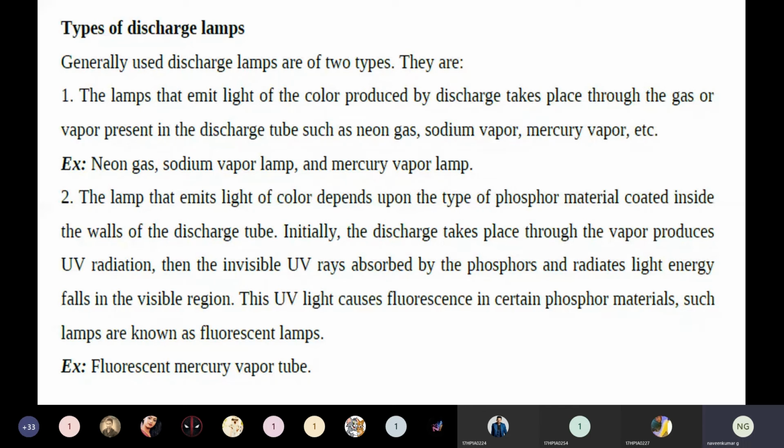Initially the discharge takes place through the vapor, producing ultraviolet radiation, then the UV rays are absorbed by the phosphor, and it radiates light energy in the visible region.